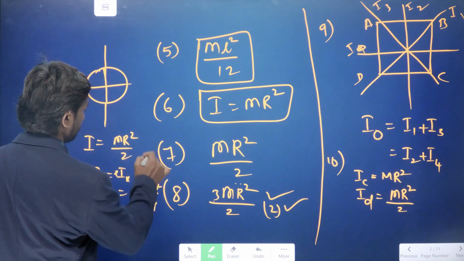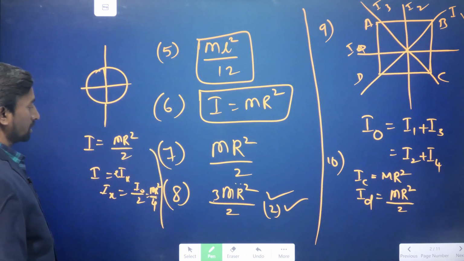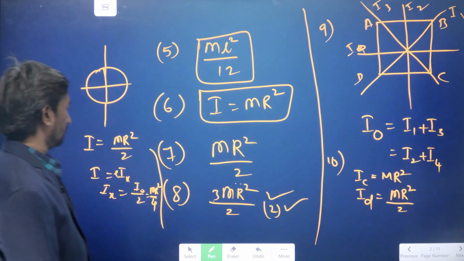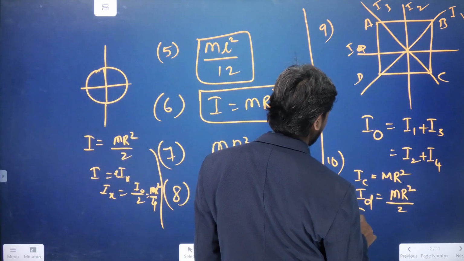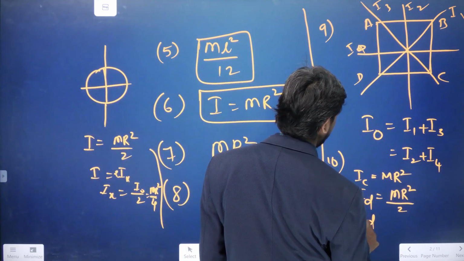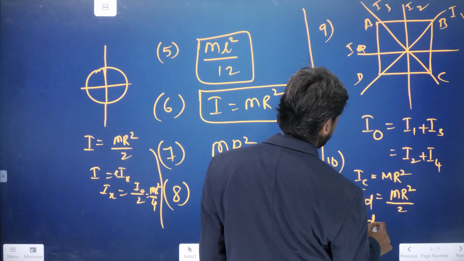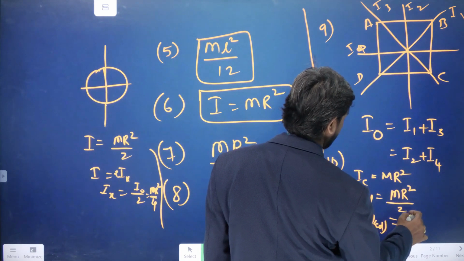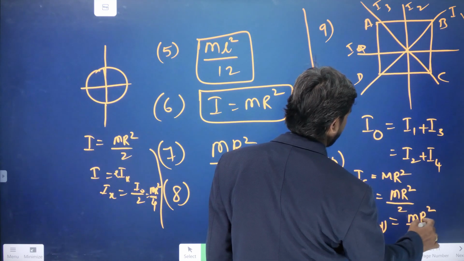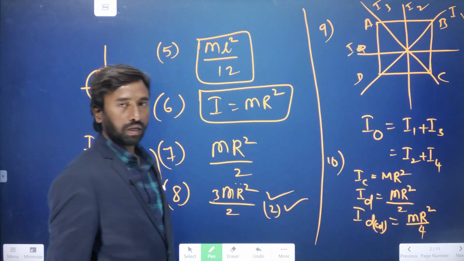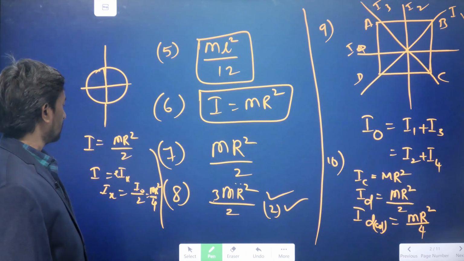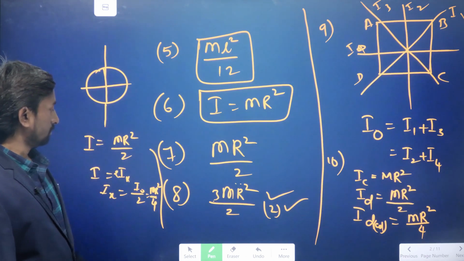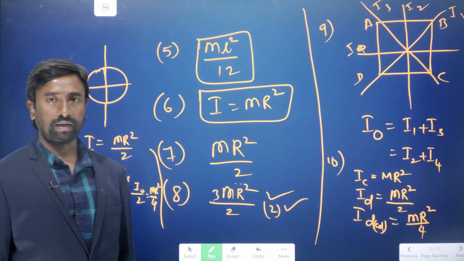The moment of inertia of the circular disc about the diameter is mr square by 4. We should apply here the parallel axis theorem and the perpendicular axis theorem.